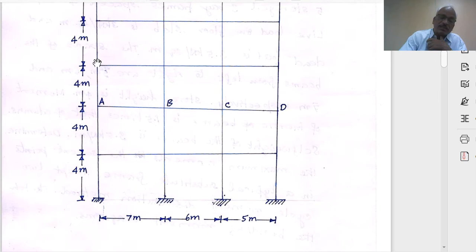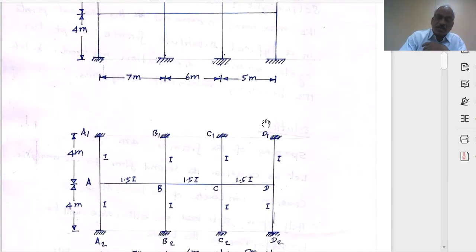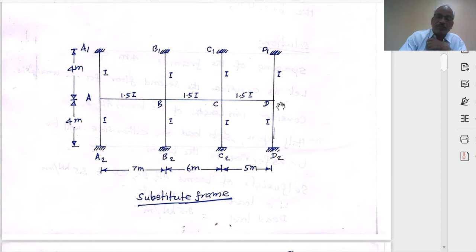And this is the column above and the column below. We are going to analyze only the substitute frame, whatever may be the number of stories, we need not bother. It is given that the moment of inertia of the beams is 1.5 times the moment of inertia of the columns. So this is I, this is 1.5 I.